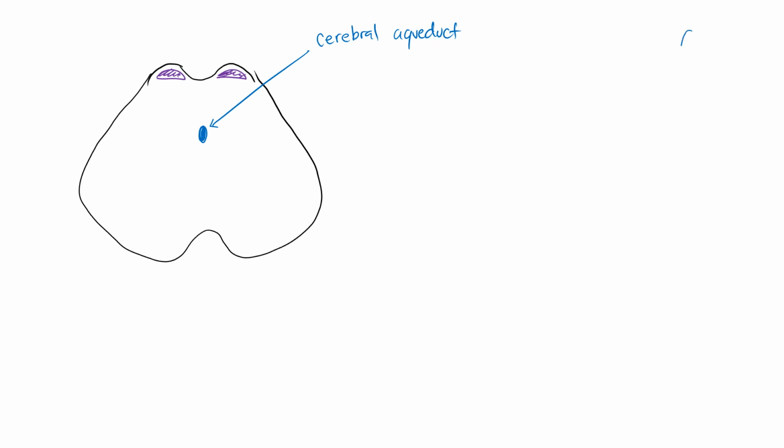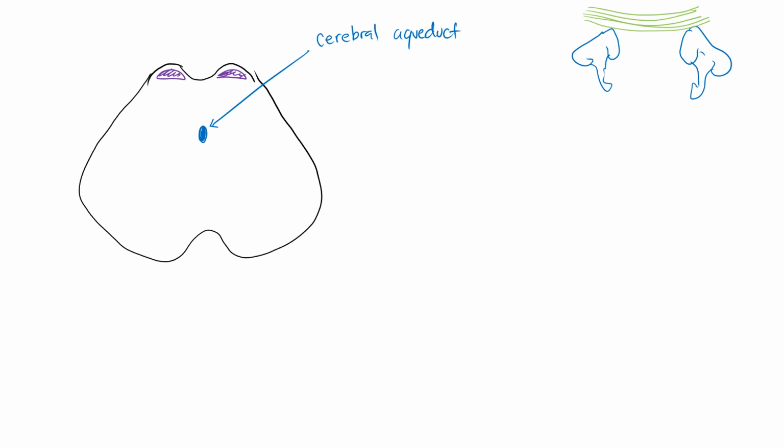Basically, in your cerebral hemispheres, you have your large lateral ventricles, one in each of the left and right cerebral hemispheres. Just on top of that would be your corpus callosum.